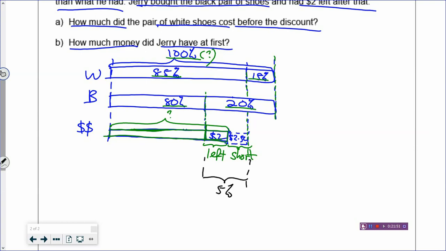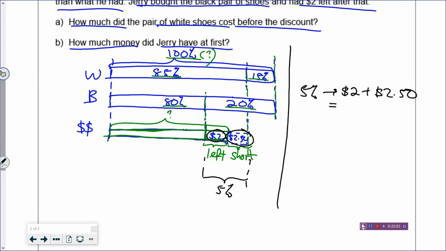And then how much is 5%? That will be $2 plus $2.50. Okay, so your 5% is $2 plus $2.50, and that will be $4.50, which is 5%.